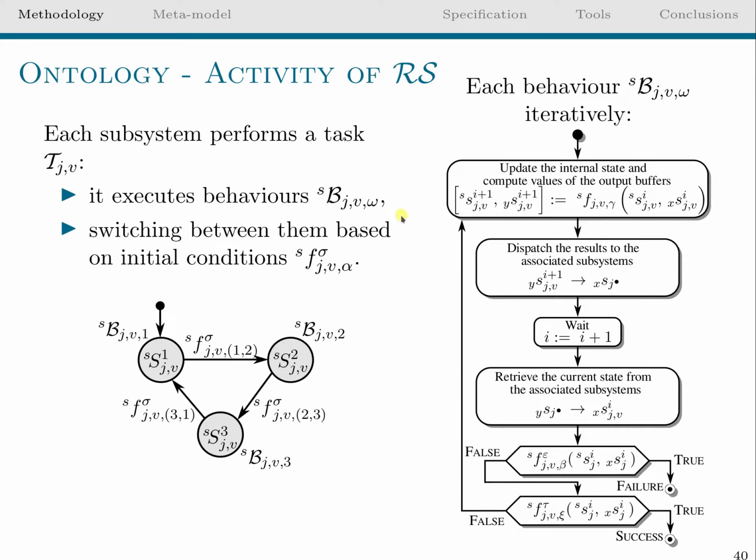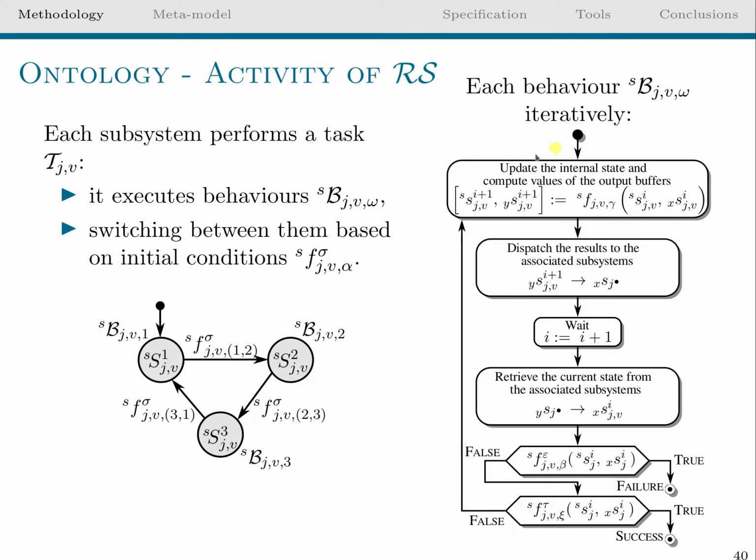Now I will give a short introduction to activities of robotic systems. Each robotic system is decomposed into agents and subsystems, and the task of the subsystem is in fact defined by a set of behaviors appropriately connected with each other. Whenever a subsystem performs its task, it activates a given behavior, and the behavior is decomposed into several subsequent steps.